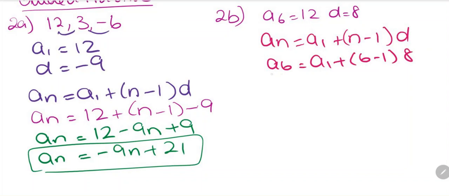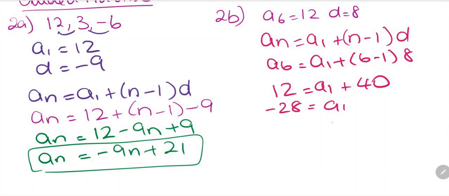So I'm going to replace a_6 with 12, because I know that's the value. And 6 minus 1 is 5, so that's 5 times 8, which is 40. So a1 is going to be 12 minus 40, which is minus 28. So now I have my first value. So I said a1 is minus 28.